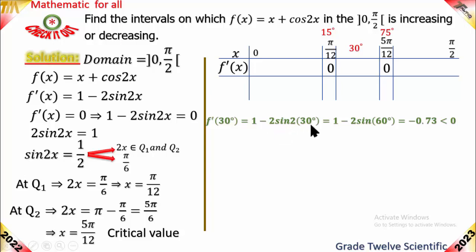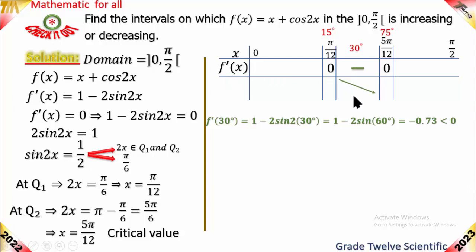It is 1 minus 2 sine 60. Therefore, it becomes minus 0.73. That means in this interval from pi over 12 to 5 pi over 12, the sign of f prime is minus. That means it is decreasing.